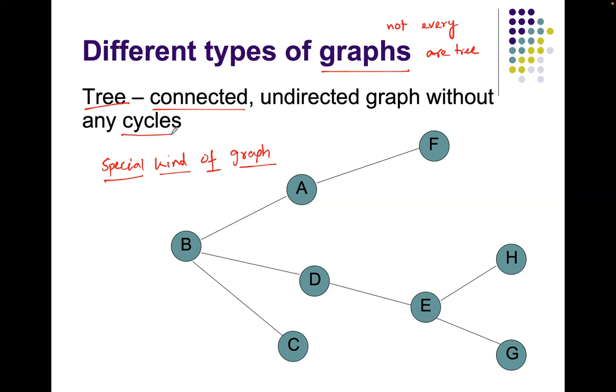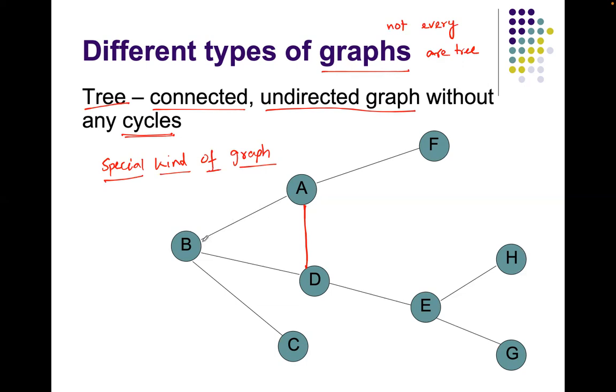It's very important that we remember it has to be an undirected graph and it cannot have any cycle. Now let me draw an edge like this. If I have an edge from A to D, you can see that I have a cycle here.